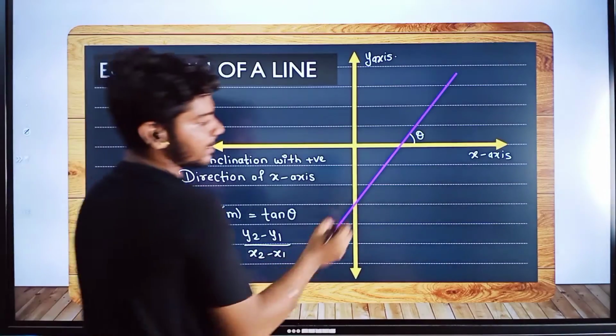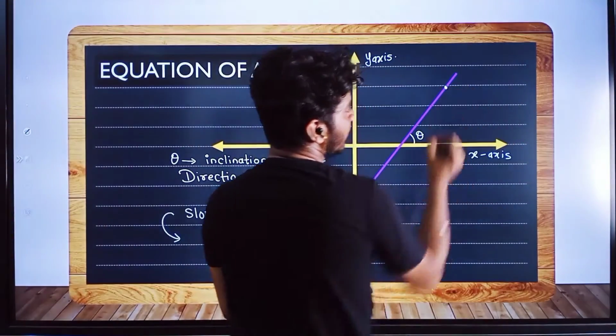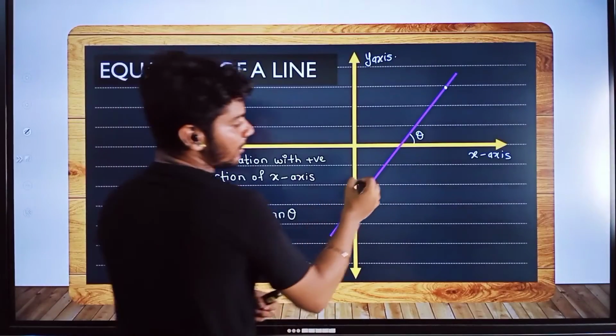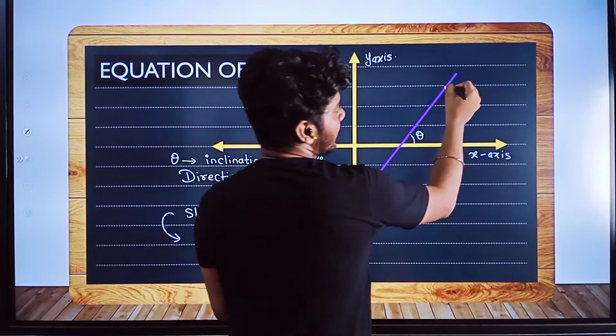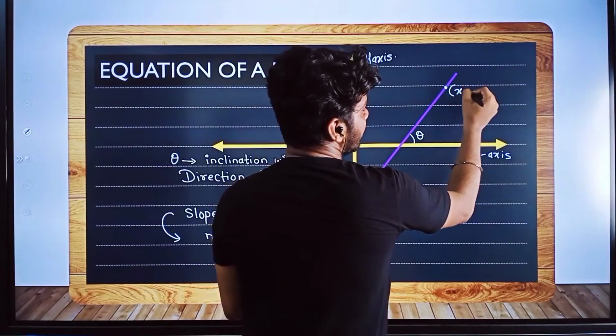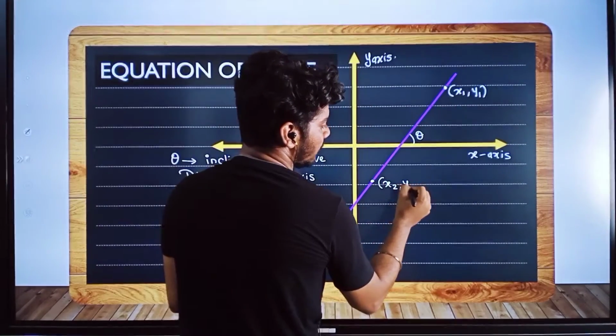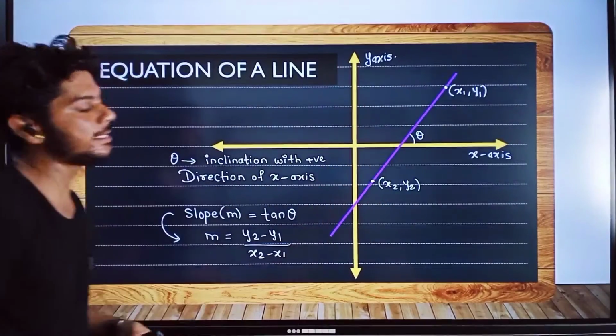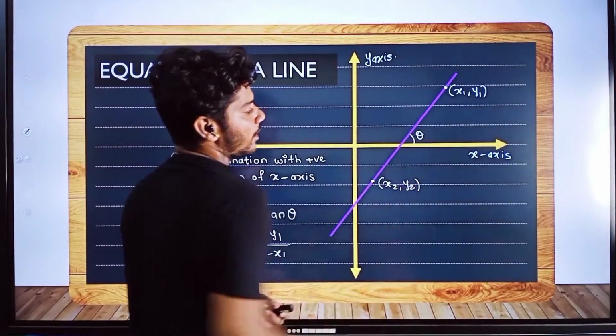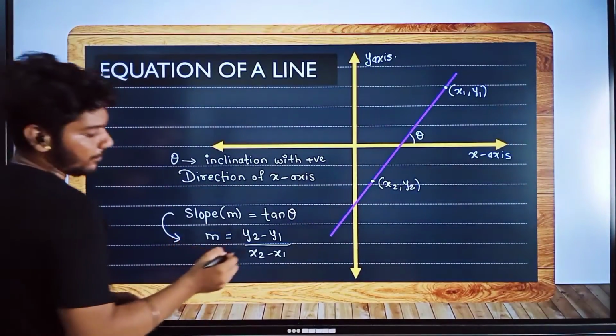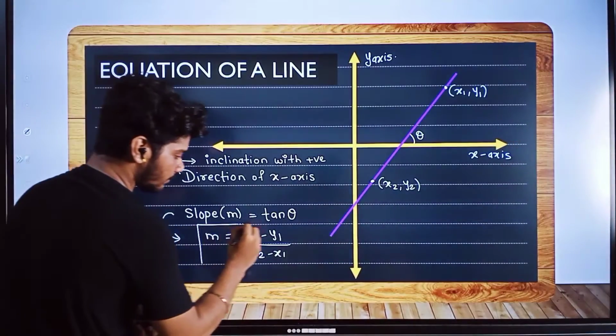Here x1 y1 and x2 y2 are coordinates of points on this line. With the help of two points we can easily find the value of slope. Make a note of this.